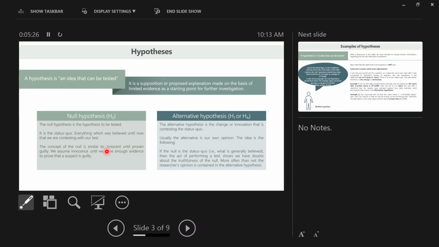Everything which was believed until now that we are contesting with our test is the null hypothesis. The concept of the null hypothesis is similar to innocent until proven guilty. We assume innocence until we have enough evidence to prove that a suspect is guilty. So that's the concept of the null hypothesis.